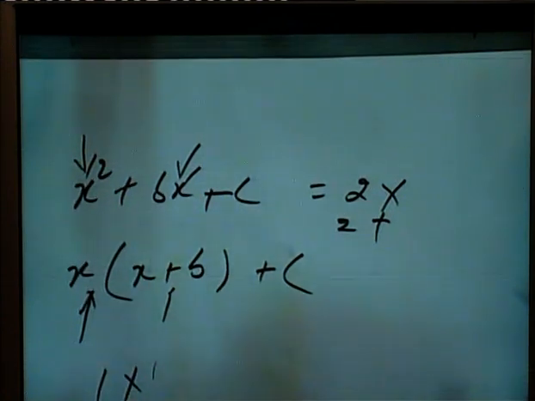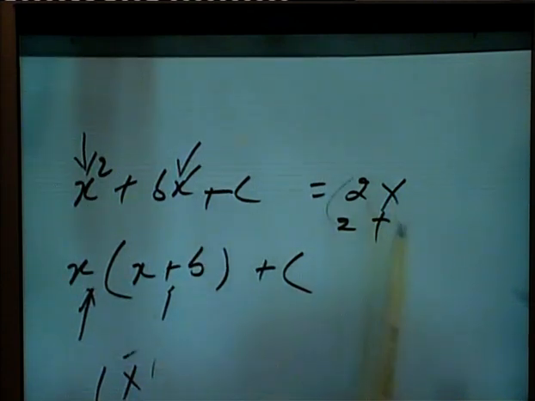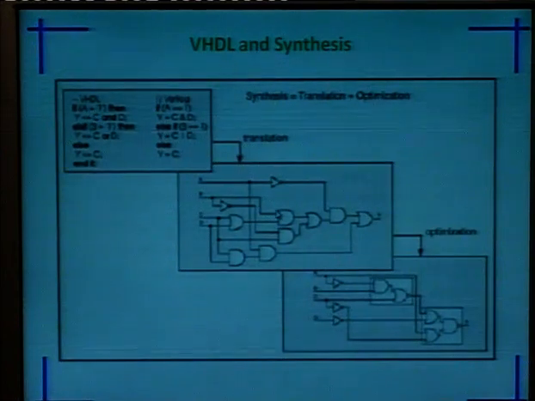So we have optimized our simple expression from the hardware point of view. Previously we required 2 multipliers and 2 adders; now we require 1 multiplier and 2 adders. This is a simple example of optimization. The same thing we do here: during optimization, the main functionality should not be altered, but the hardware and resource requirement should be minimum.